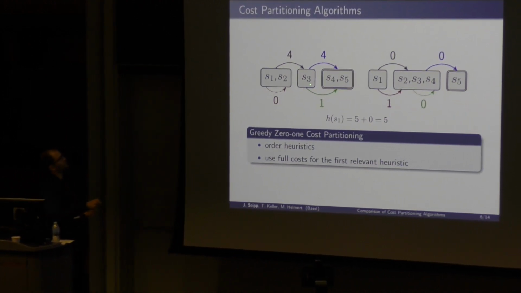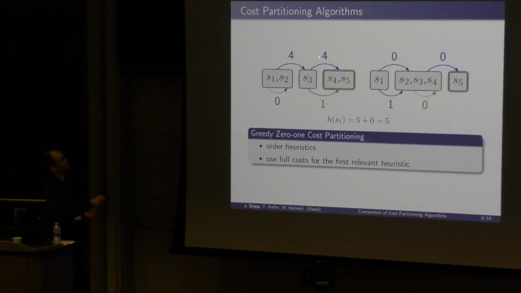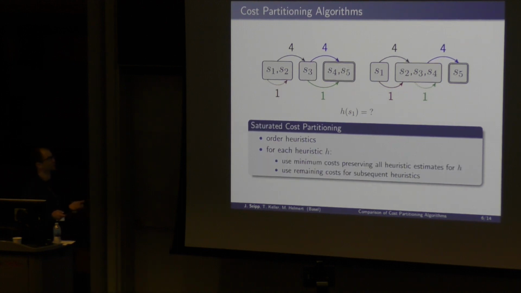So here we used costs of 4, but this didn't help us anything because we essentially wasted the cost of 3 here. And this is what the underlying idea of saturated cost partitioning is all about. Because similarly to the previous cost partitioning algorithm, we order the heuristics, but then for each heuristic, we use the minimum costs that preserve all heuristic estimates for this heuristic.